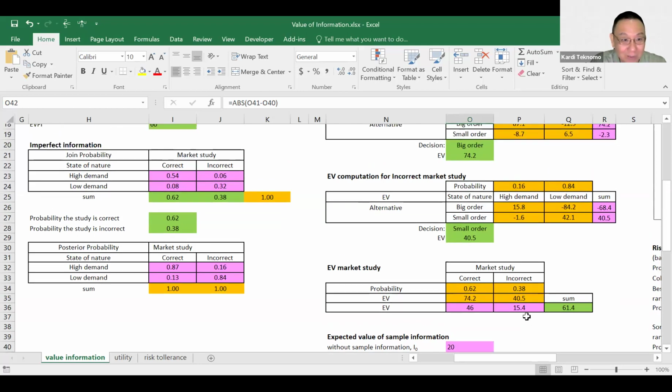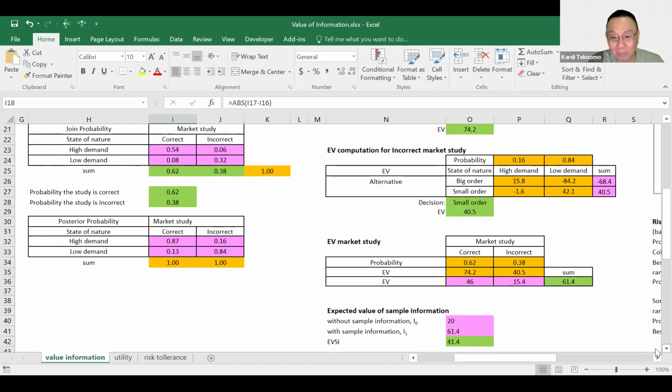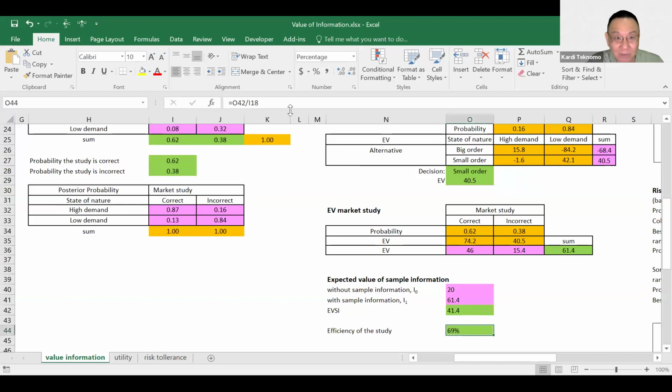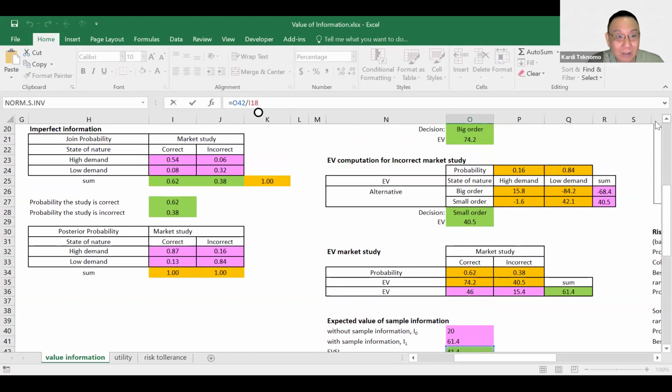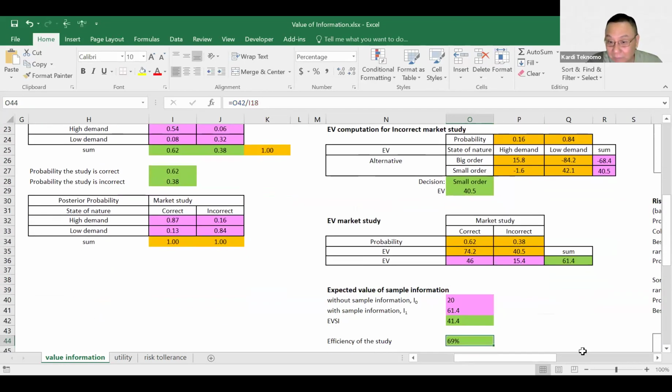Compare this with the perfect information, which is 60. So of course this must be lower because the consultant is not perfect. Yeah. So we can also compute the efficiency of the study. With this, what is this? EVSI divided by the EVPI. So the efficiency of the study is actually only 16%.